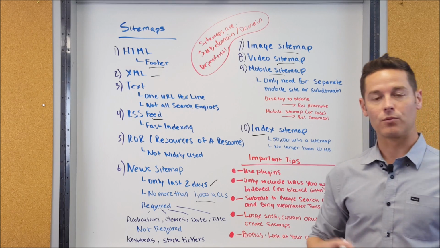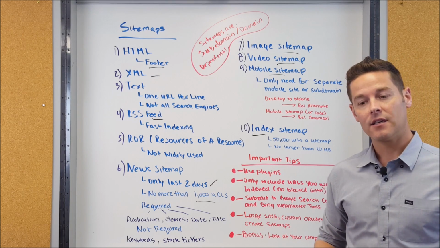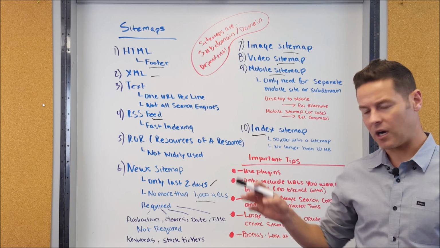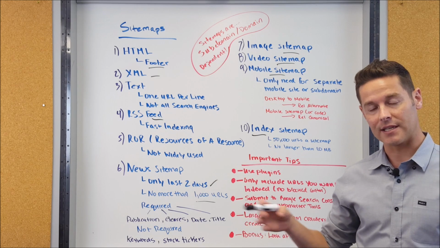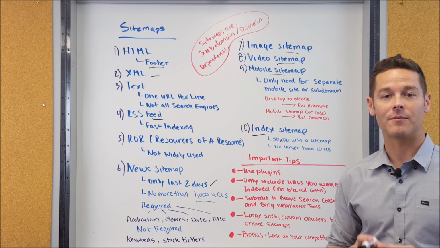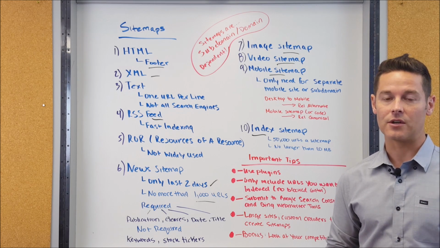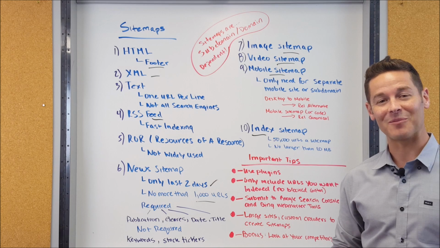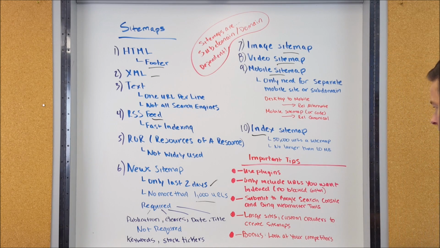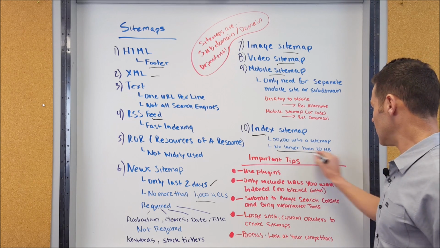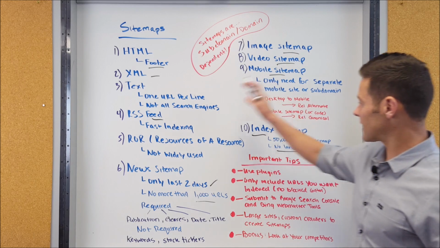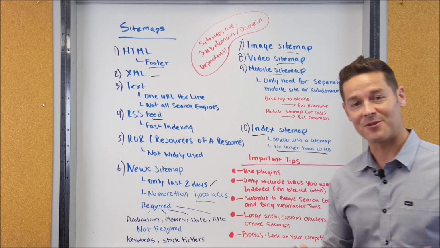When I worked on a really, really large real estate site, they had a couple hundred sitemaps inside of their index sitemap that we would submit through Google Search Console, and that would allow everything to get picked up correctly. So index sitemaps, if you have over 50,000 URLs, and your index sitemap can be no larger than 10 megabytes. Okay, so these are all the different types of sitemaps that you need to know about.